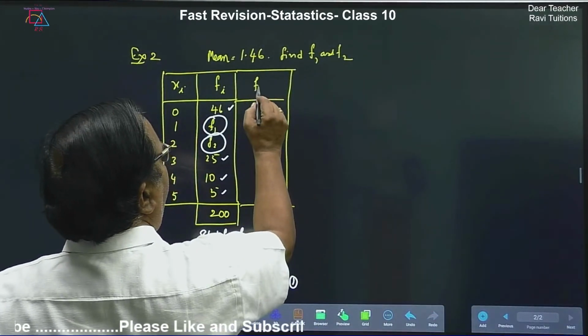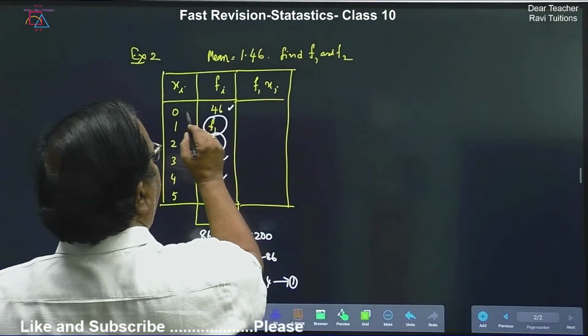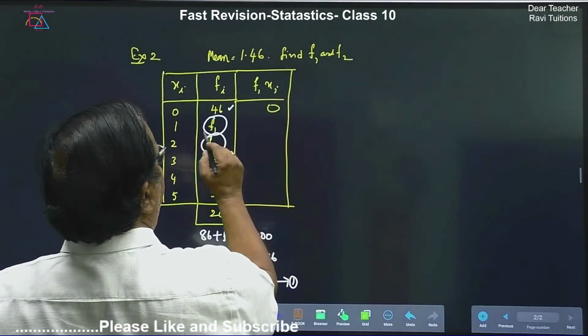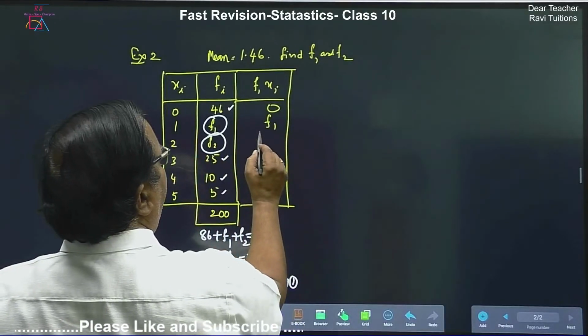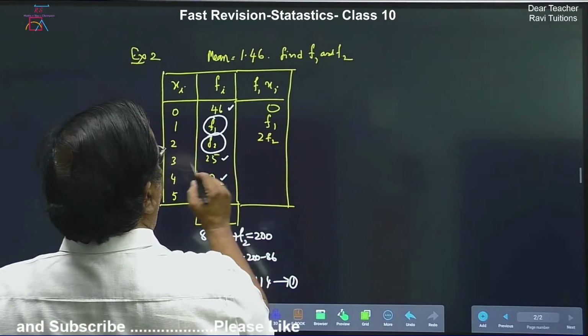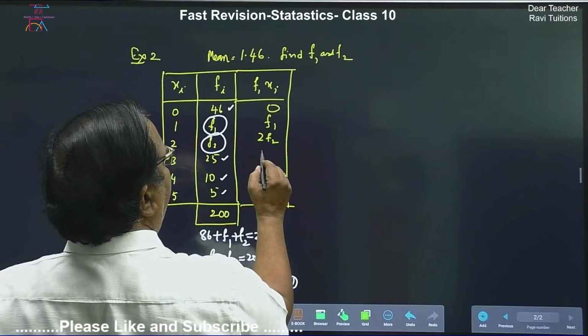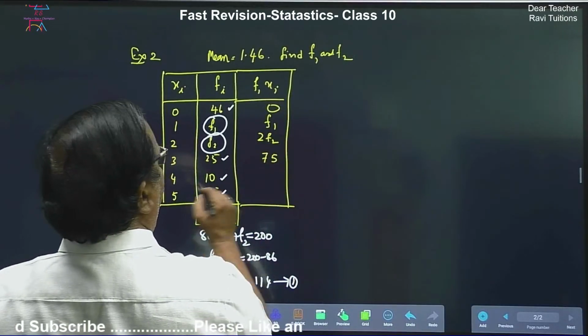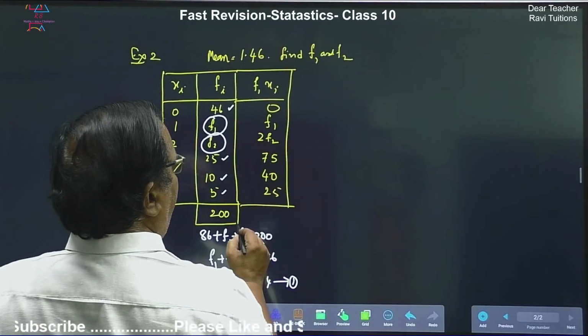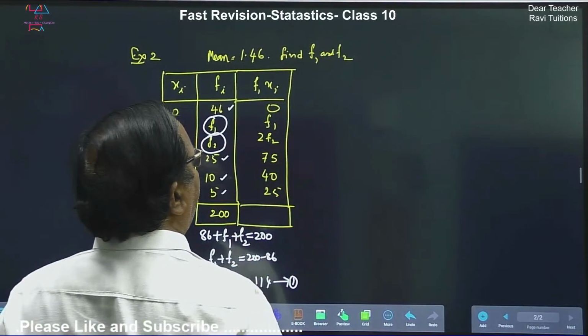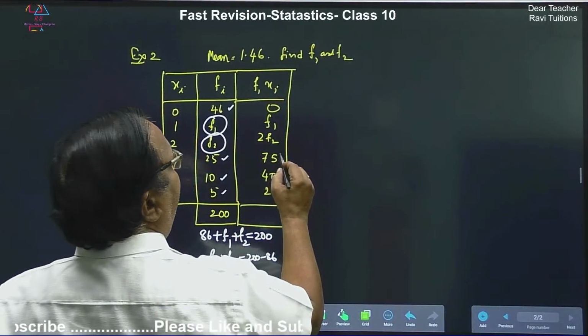Fi Xi you have to multiply: 0 into 46 is 0, F1 into F1 is F1, 2 into F2 is 2F2, 3 into 25 is 75, 4 into 10 is 40, 5 into 5 is 25. Now you have to add this also. So I will add only these three things.